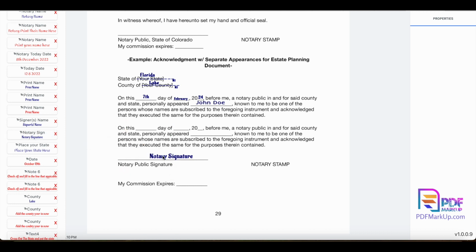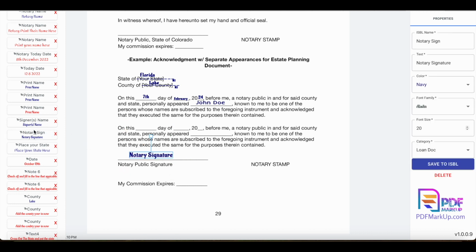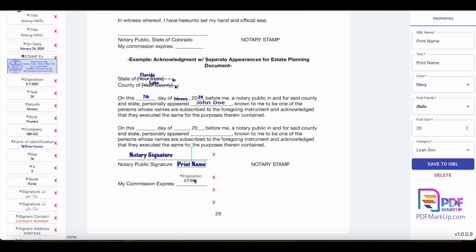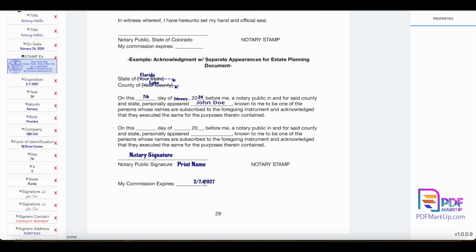Okay. Print your name, your expiration date, and your stamp.